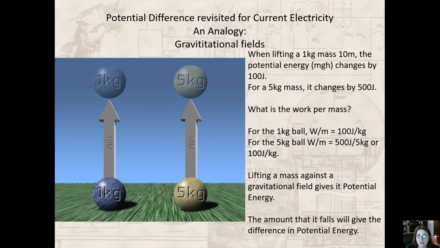It's a Greek letter. And this happens in 6 seconds. So what's the current through the resistor? So the current is going to be Q divided by T, the change in Q over T. So that's 30 coulombs divided by 6 seconds, and that's equal to 5 amps.